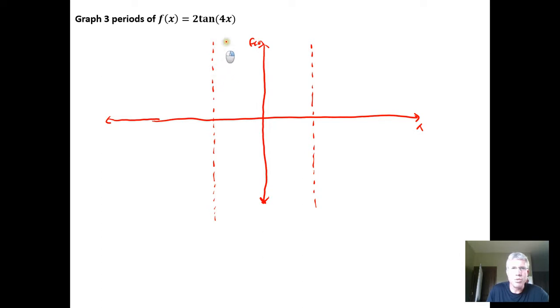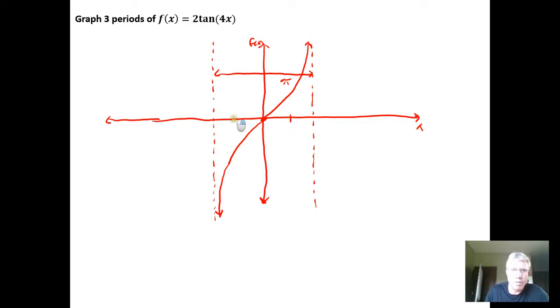We know that usually the distance between them is 180 degrees or pi radians. We know that the tangent function sweeps along its axis through the origin and then down along its other vertical asymptote.